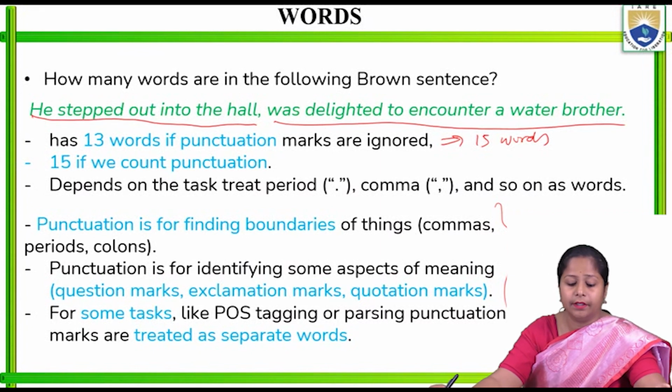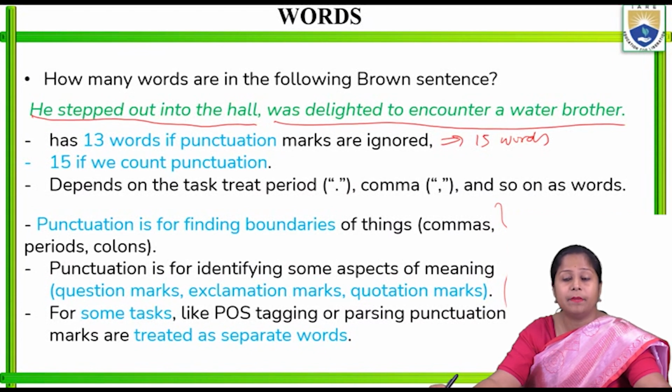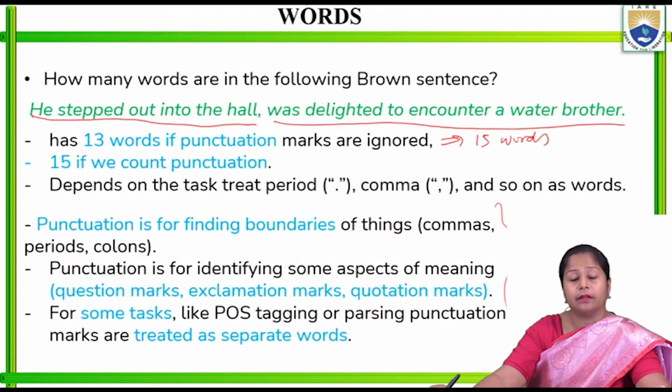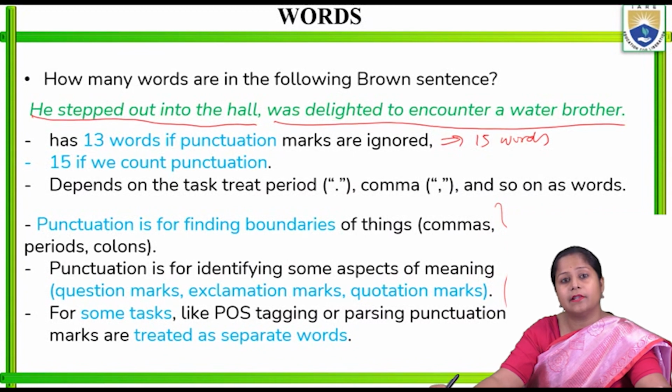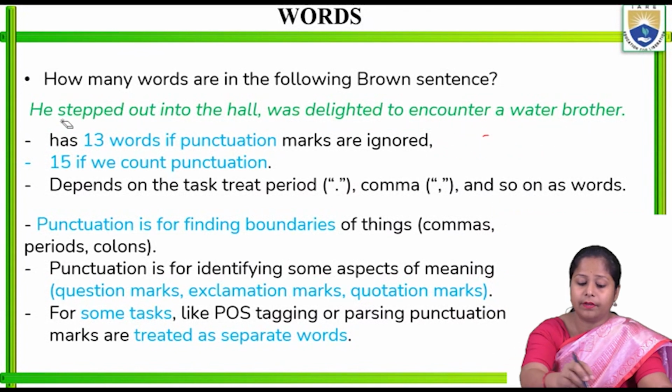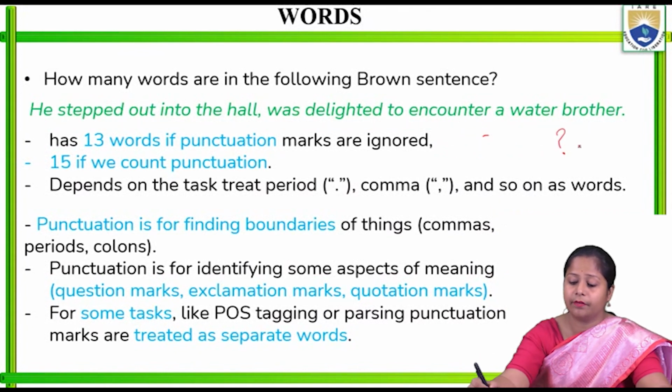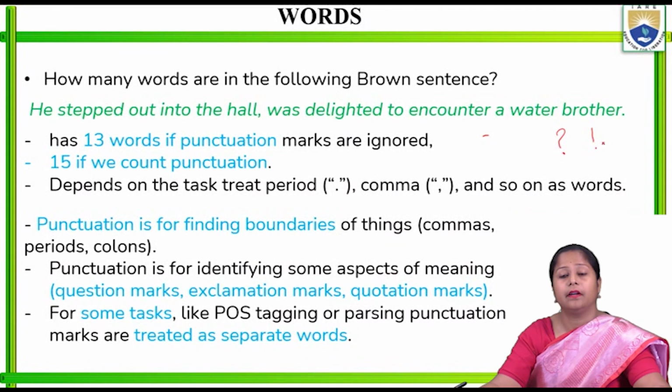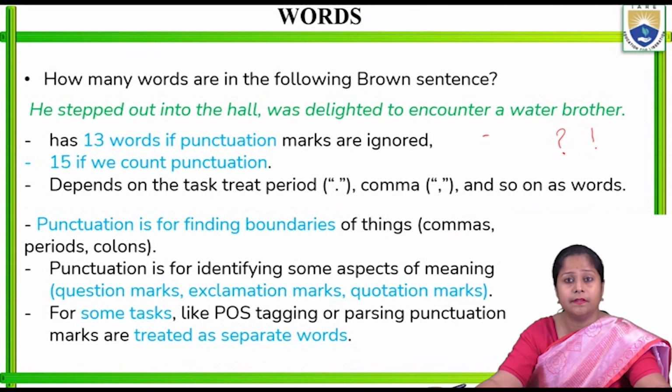These are used for identifying some aspects of meaning, and there are also the question mark, exclamation mark, and quotation mark, right? Whenever we see a question mark or exclamation mark, it helps identify some aspects of the meaning of that particular sentence.